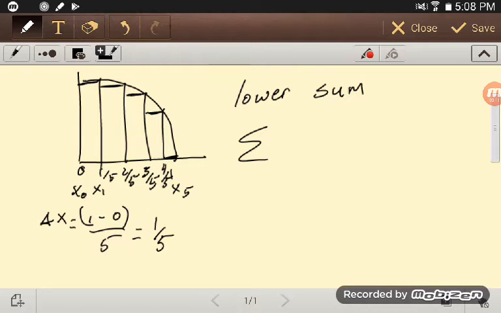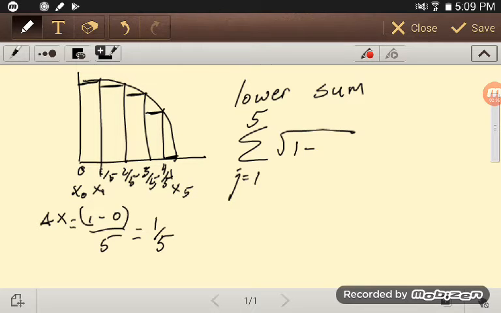And so when I do this sum, again, the lower sum is the right-hand side. So I want to start with x1 and go up to x5. So j equals 1 to 5, something like that, right? And I need my function, so that's 1 minus xj squared, but the xj is just j over 5.